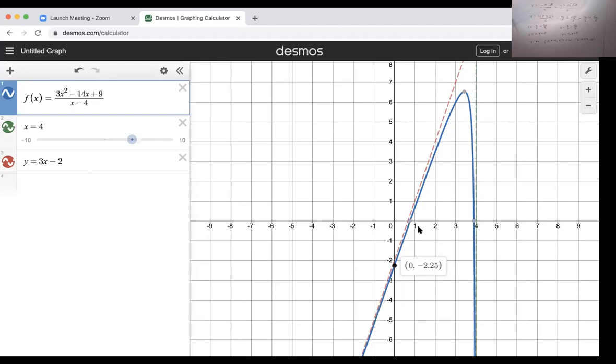Just look at the picture. Can you believe that this point intersects at 0.770? Sure does. The other one, 3.897, let's see if that looks right. So the x-intercepts checked. The y-intercept checked. The slant asymptote checked. The vertical asymptote checked. The domain checked. So we feel good about this.